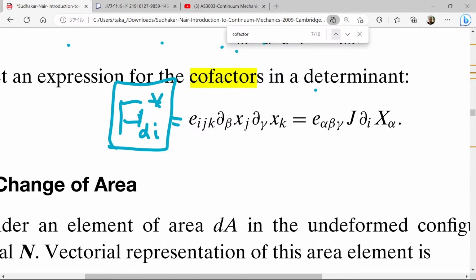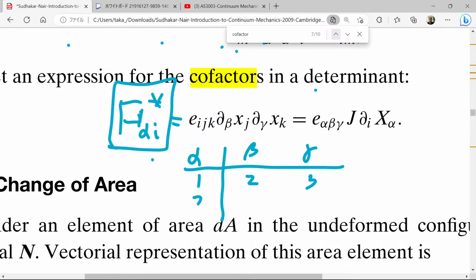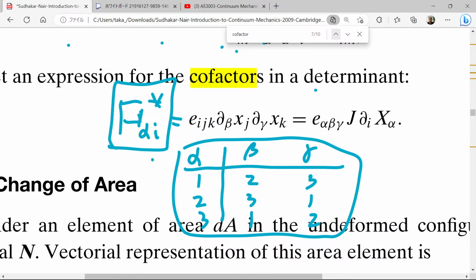So you need this table. If your alpha is 1, beta is 2, gamma is 3. If alpha is 2, beta is 3, gamma is 1. If alpha is 3, beta is 1, gamma is 2. So you need this table to decide beta and gamma. Then you don't need anything else.